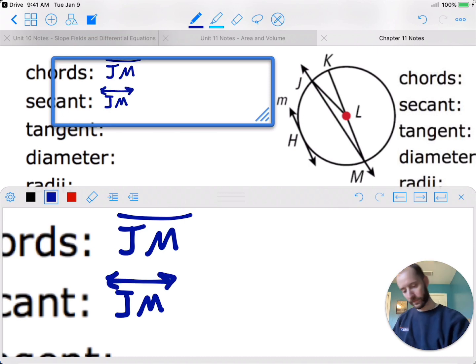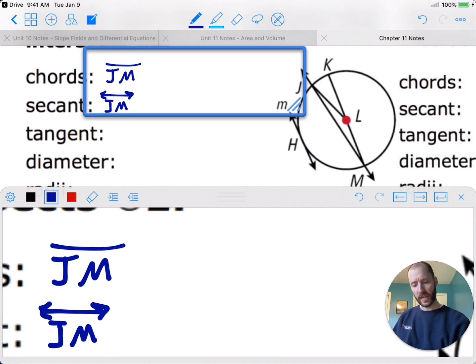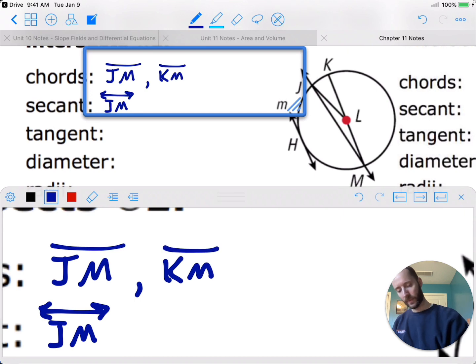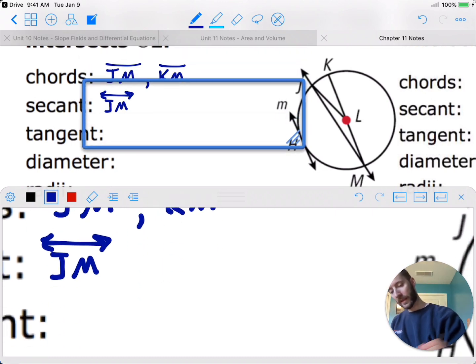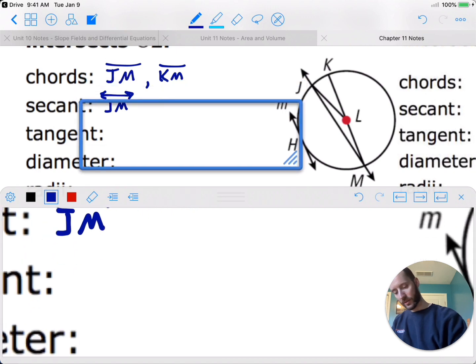Okay? And for chords, I think I forgot KM. KM is the diameter, but a diameter is a line segment, both endpoints on the circle, so include that as well. A tangent would be line M.